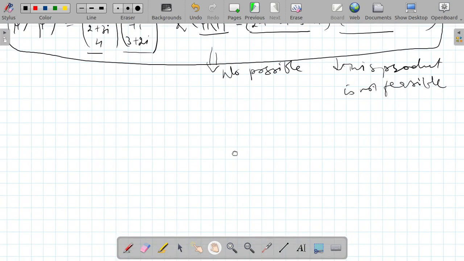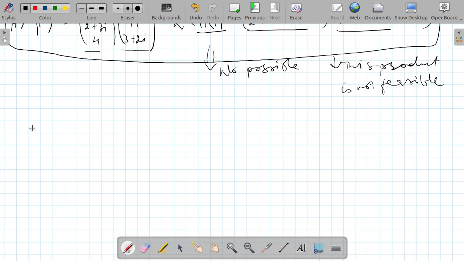Now let us try to calculate one very important thing. Psi phi. This is ket psi into bra phi.